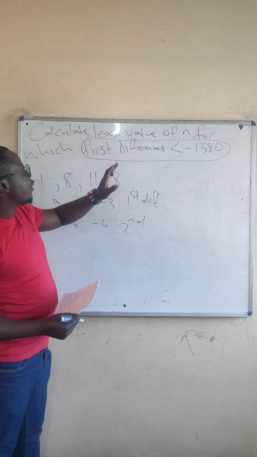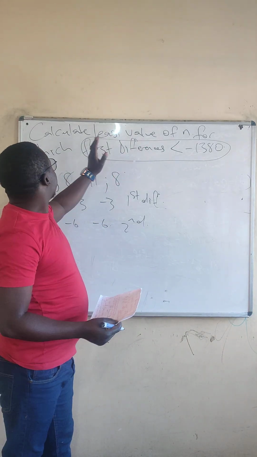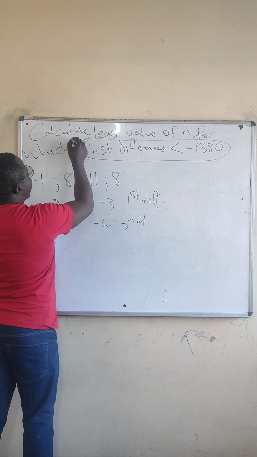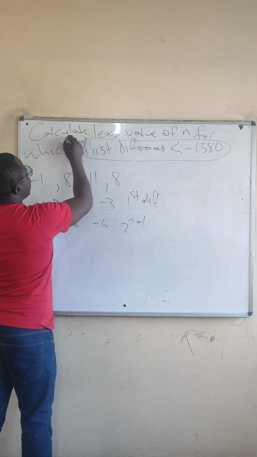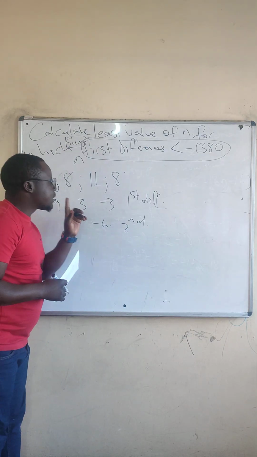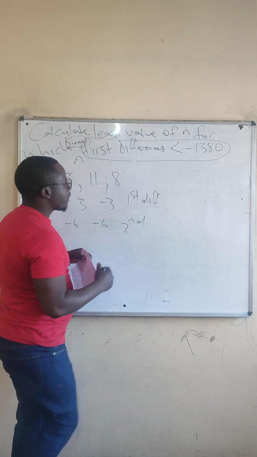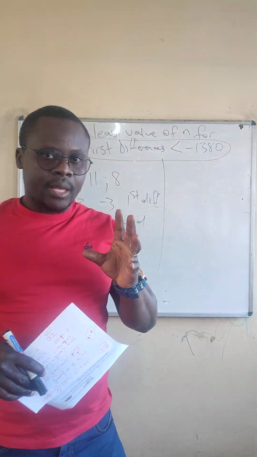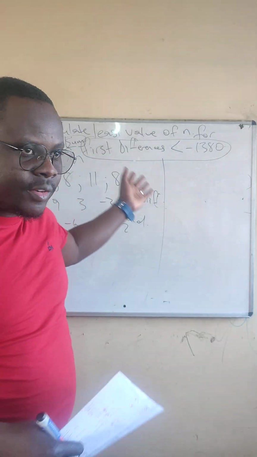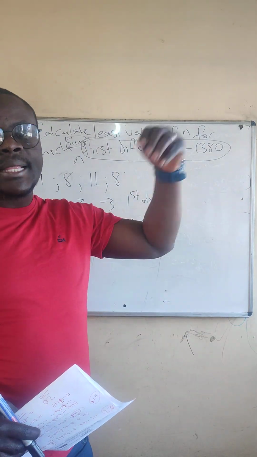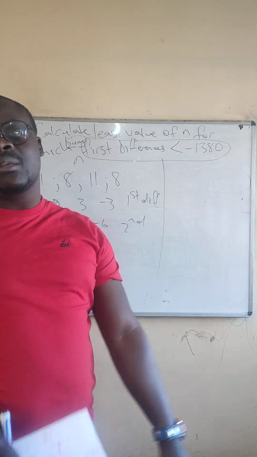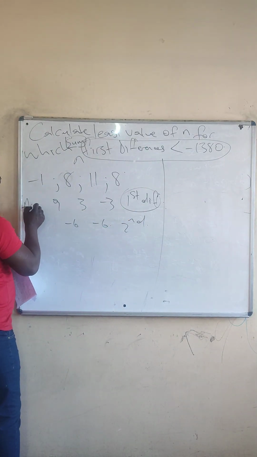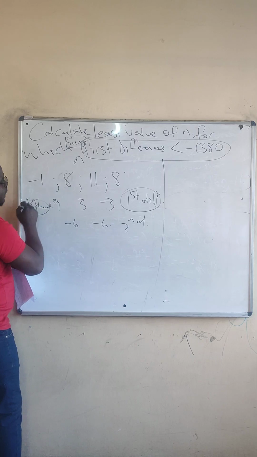But now, when we focus on the sum of the first differences, we should know that a quadratic's first differences make another type of sequence called arithmetic. So we call them first differences, but they make an arithmetic sequence.